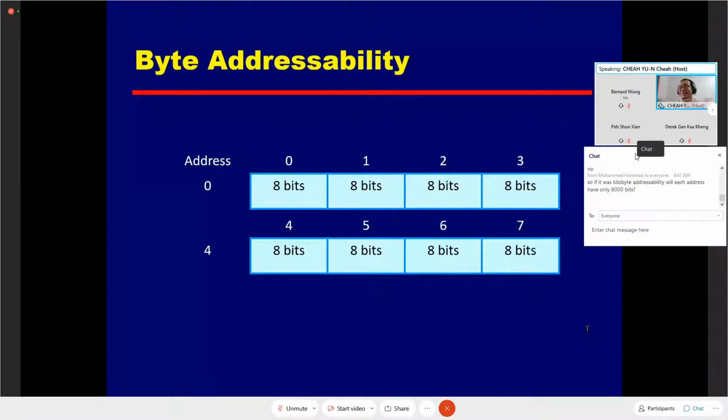There's no such thing as kilobyte addressability. It's just like if you have 8,000 bits, then it'll be all arranged into more memory locations. So you have how many? 1,000 bytes. So that means you have more memory locations. That's all. But I have not heard of this thing called kilobyte addressability. Hopefully you don't get too confused by all these terms.